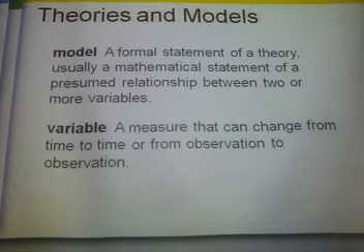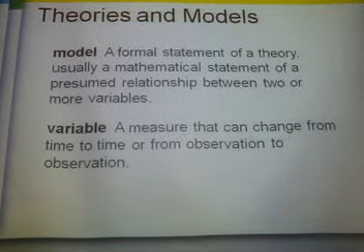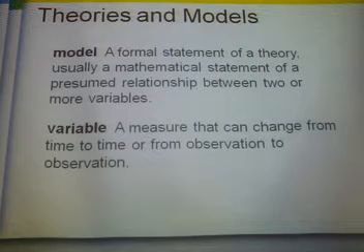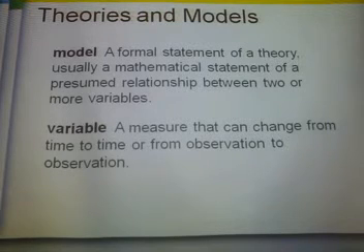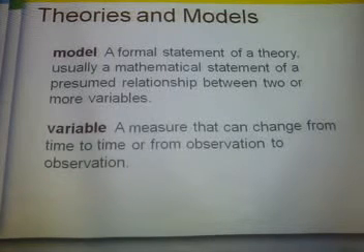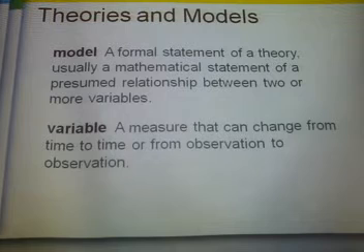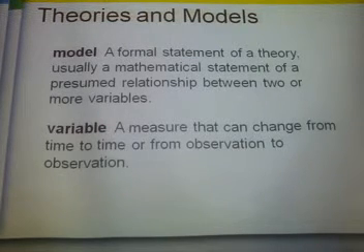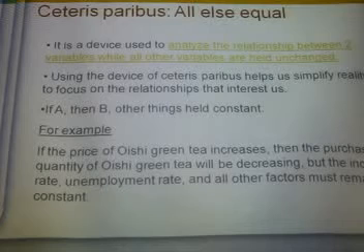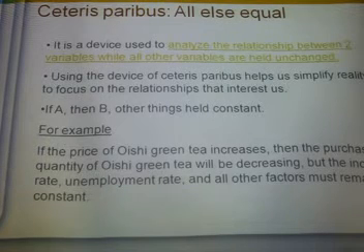Now, theories and models. A model is a formal statement of a theory, usually a mathematical statement of a presumed relationship between two or more variables. A variable is a measure that can change from time to time or from observation to observation. Now let's see this theory.